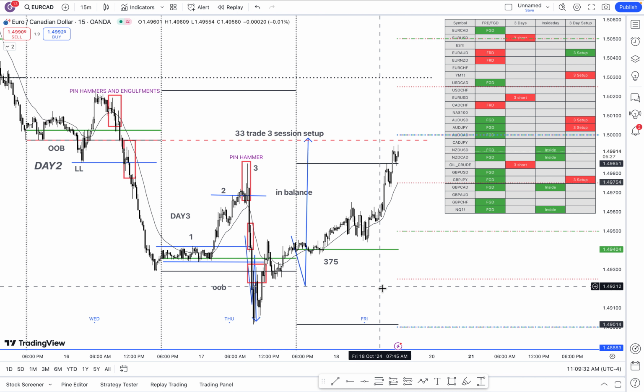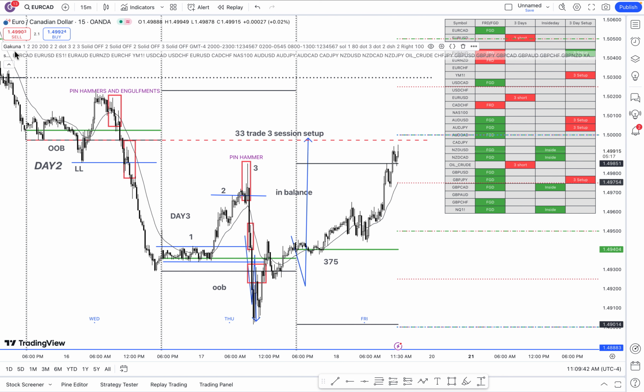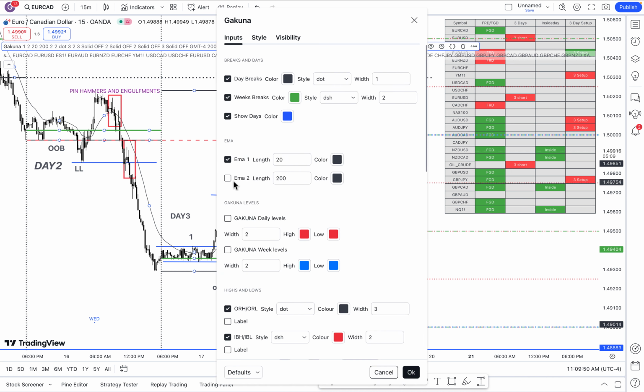The features of the Gakuna levels indicator include the previous day's high and low, and the 20 and 200 EMA. For those who use the 200 EMA, we have the day session daily breaks separator.